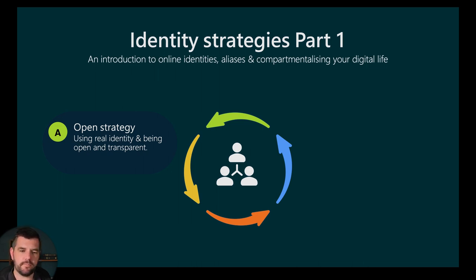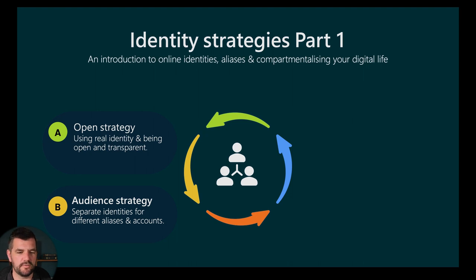Everything is above board. The next is an audience strategy, and so we try to separate identities for different aliases and different accounts. So if I wanted to talk to someone online about Christianity or something like that within the country, maybe for one particular audience, I'll have one identity, and for another audience, I'll have maybe my real identity.